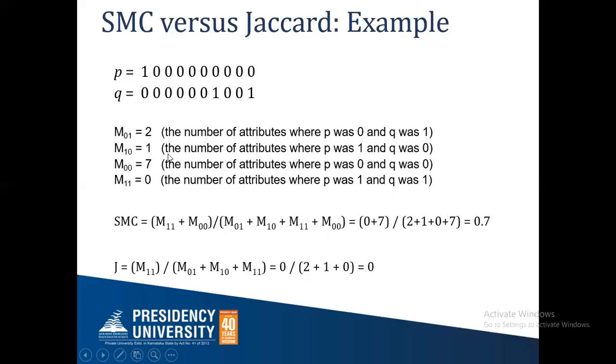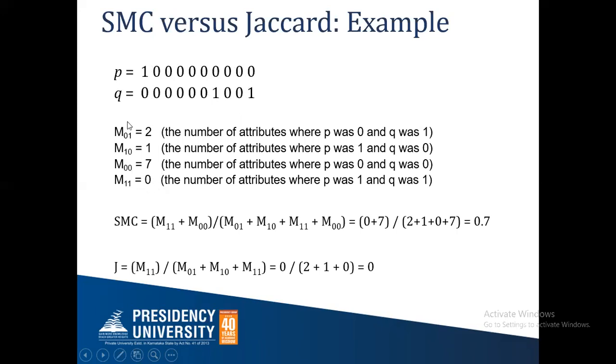So 7 attributes are present where P is 0 as well as Q is 0. Hence M00 is equal to 7. Next we need to count M11. P should be 1 and Q should be 1, the corresponding bits of P and Q should both be 1. We don't have any such attribute. So M11 will be 0.